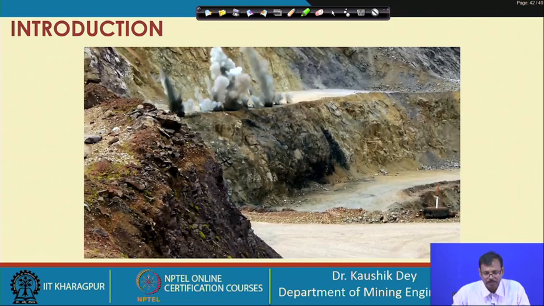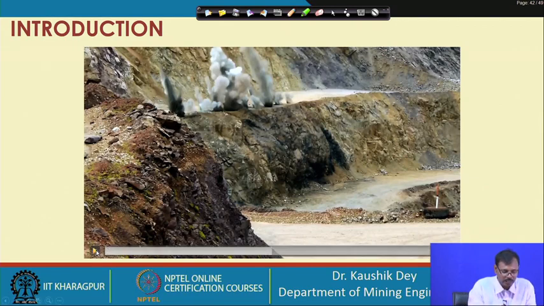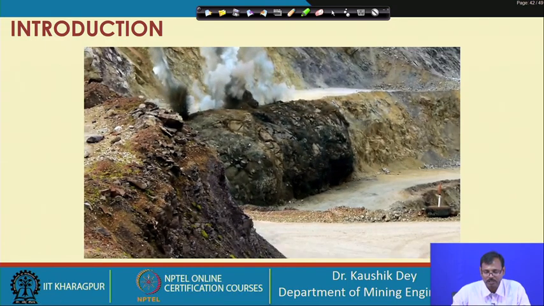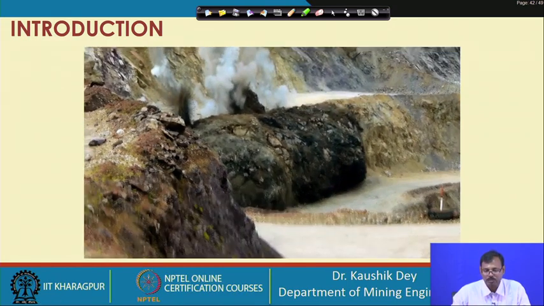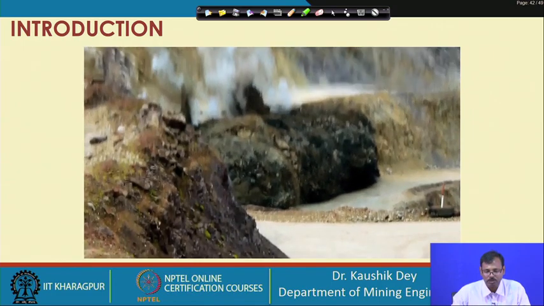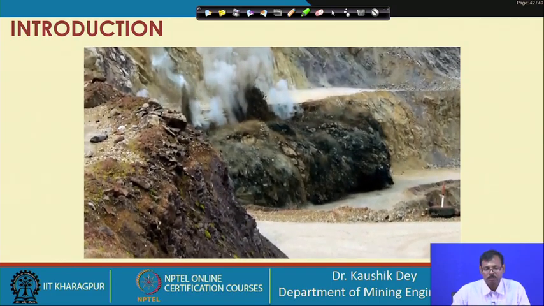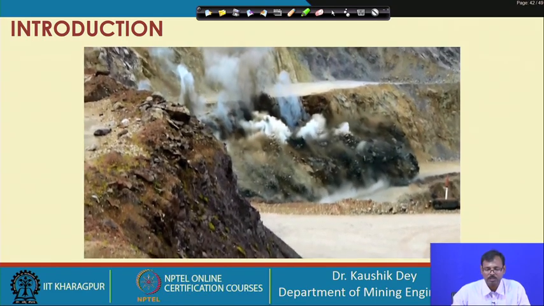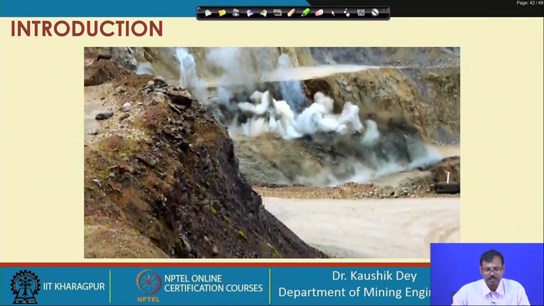You can see the fragmented rocks are of very good fragmentation, with smaller size fragments, and the throw is also very good. There is no fly rock generated from the blast, and no fugitive particles are going out of the blast. So, the overall performance of this blast may be considered as a good blast.